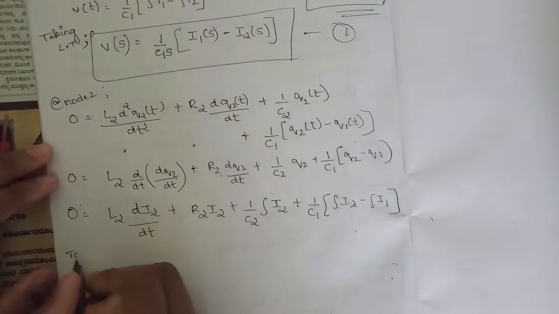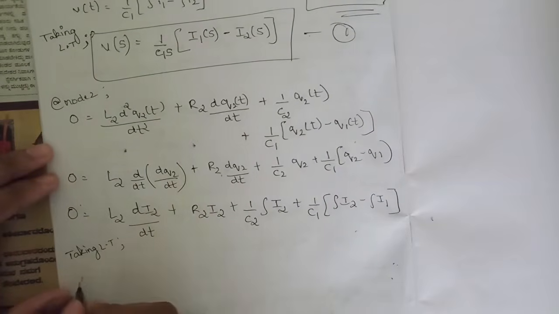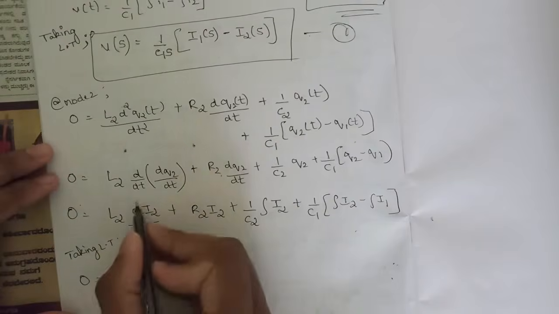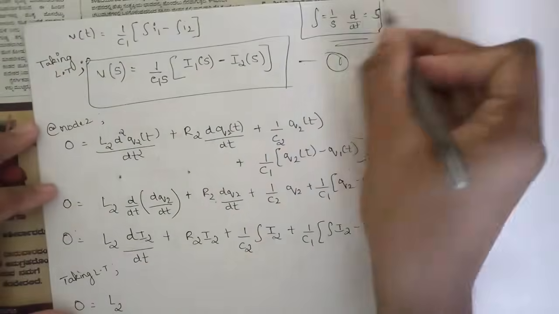So now we need to take Laplace transform again for this node. So that's equal to, since we have 0 here, 0 equals L2 into, since we have differentiation d by dt, and I told you d by dt is equal to s.